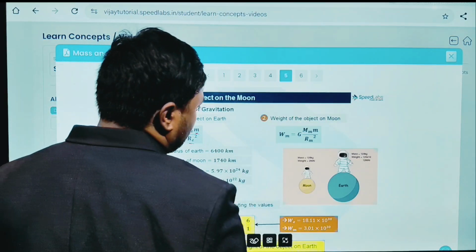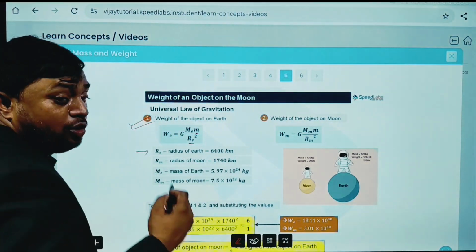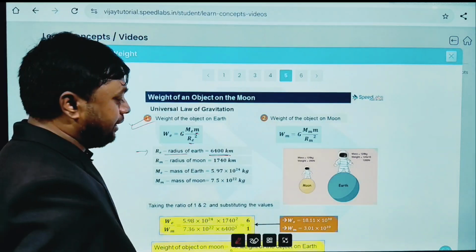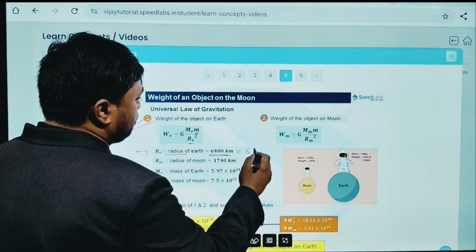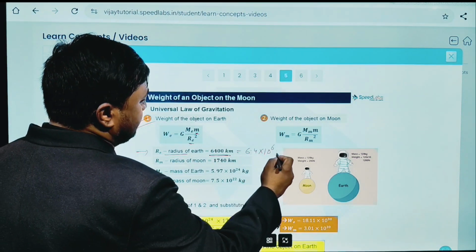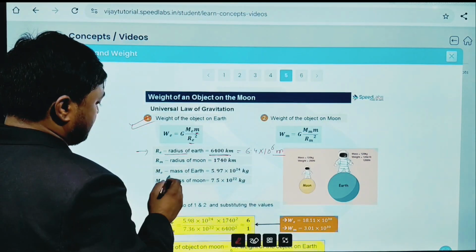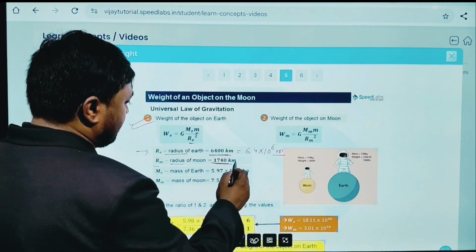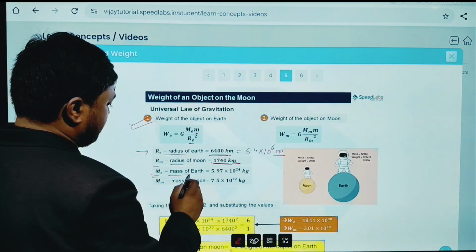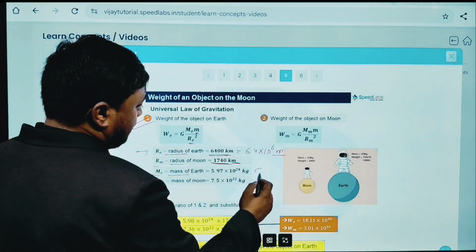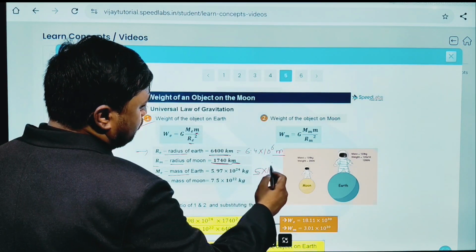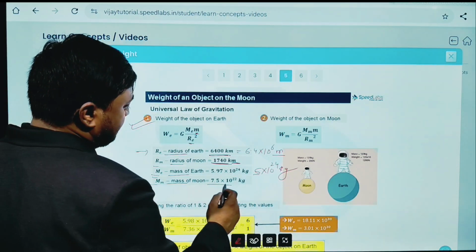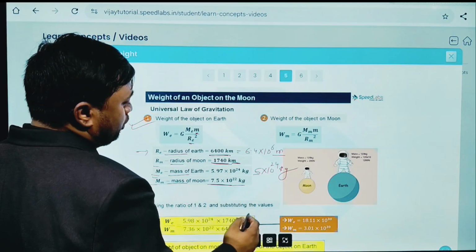Being a good student, you should remember the radius of the earth is 6400 kilometer, which in meters is 6.4 into 10 to the power 6 meter. Radius of the moon is approximately 1740 kilometer. Mass of the earth is approximately 6 into 10 to the power 24 kg, and mass of the moon is approximately 7.5 into 10 to the power 22 kg.